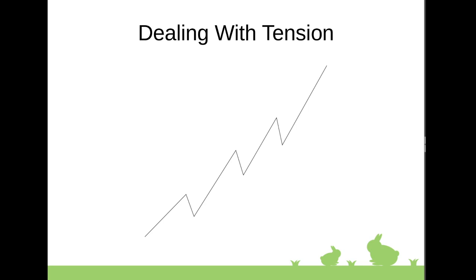So this is a good way of dealing with tension. You don't want to just keep on throwing actions and exciting events at your reader. You want to give them a chance to breathe after tension has been dealt with in some small way.